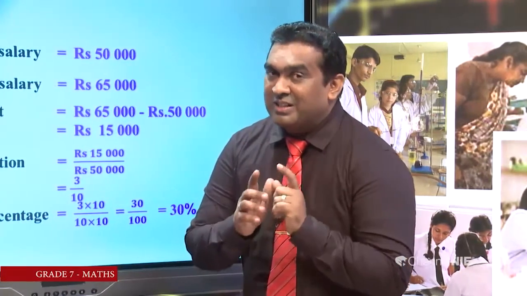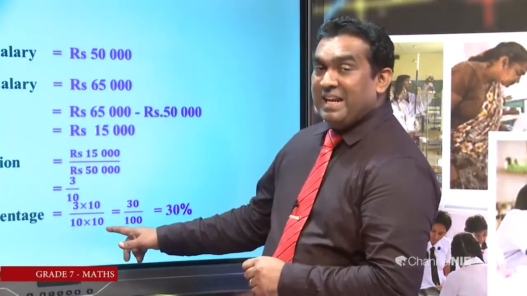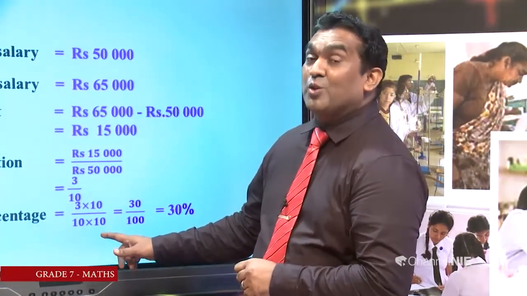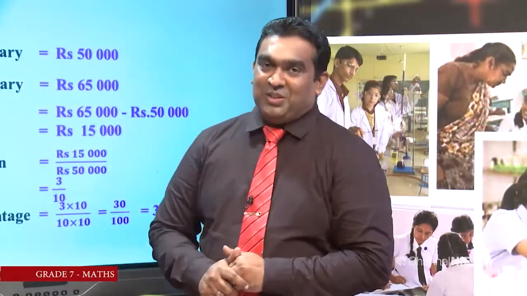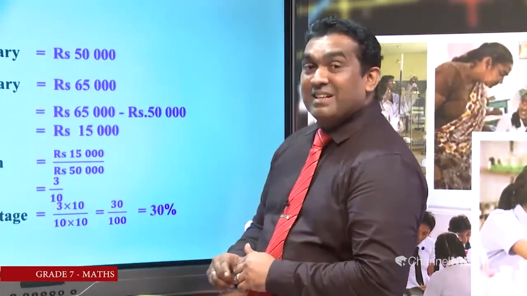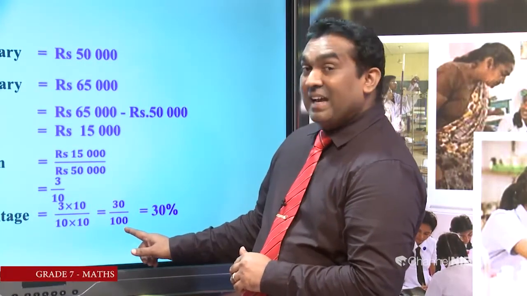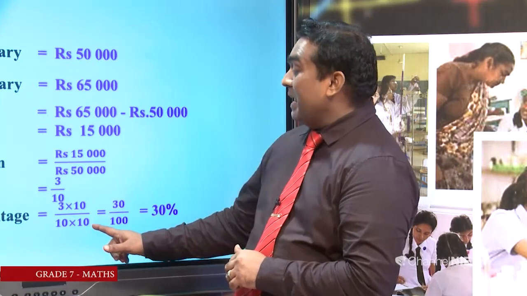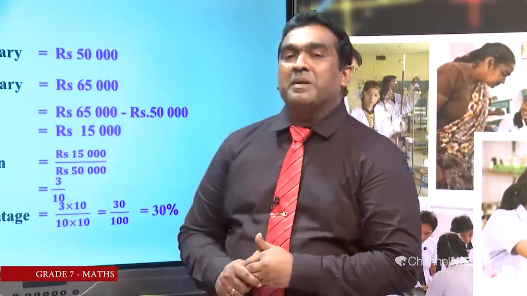Then you have to convert 10 into 100. How? 10 multiplied by 10, and not only 10, according to the rule, 3 is also multiplied by 10. 3 multiplied by 10 is 30, and 100 is the result of multiplying 10 by 10. Now you have 30%.